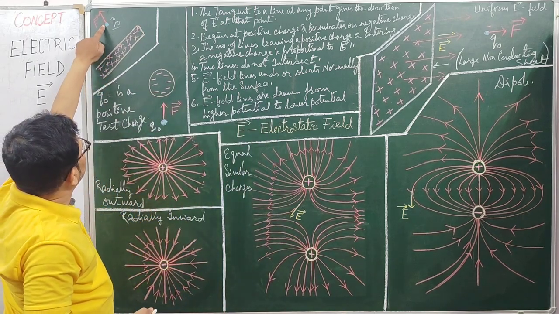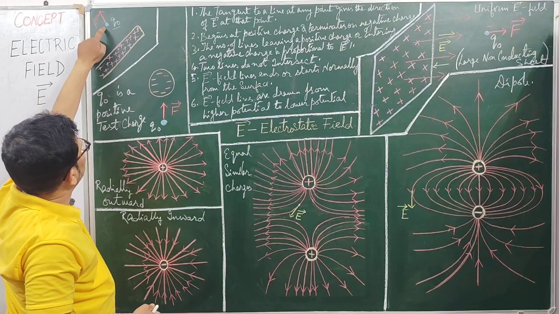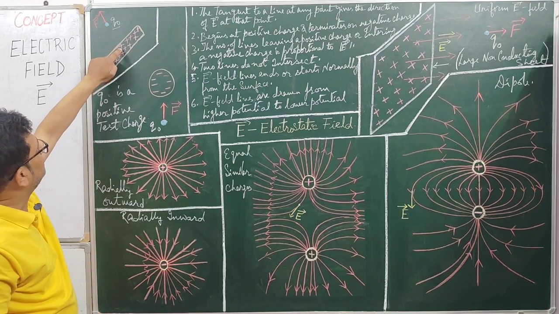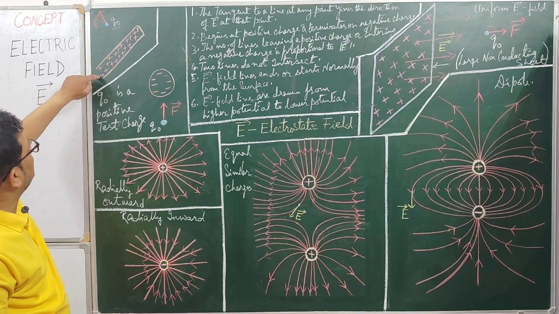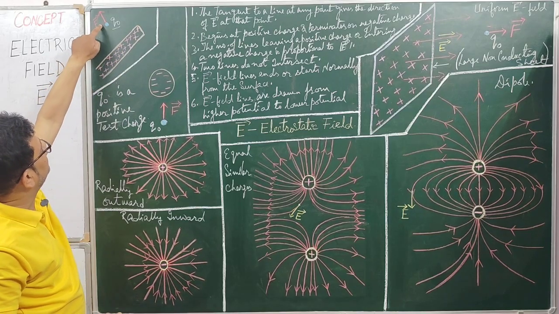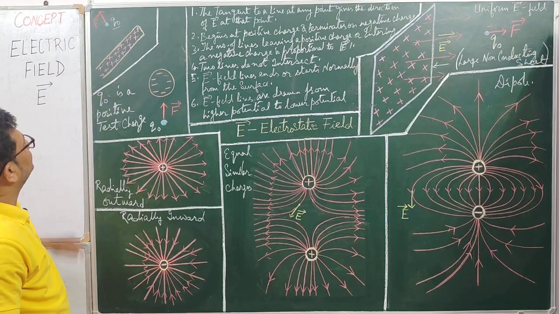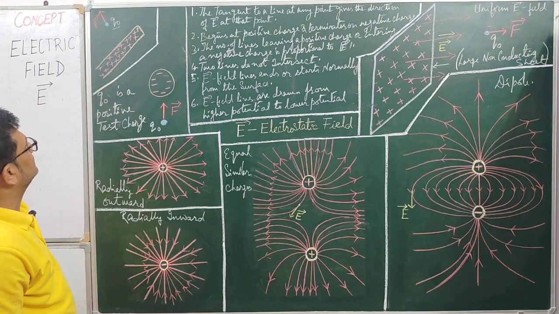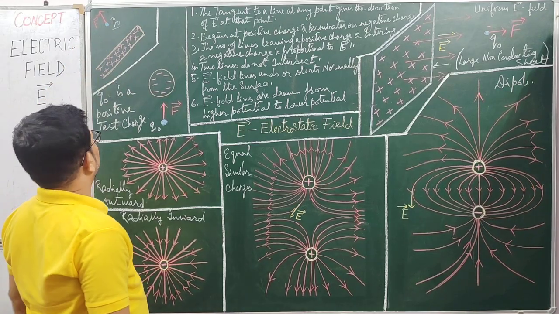This test charge, at a distance, is experiencing a force F. Since this is a positively charged rod, it is going to experience a repulsive force. If that is so, we say that this is the area of influence of this positively charged glass rod.